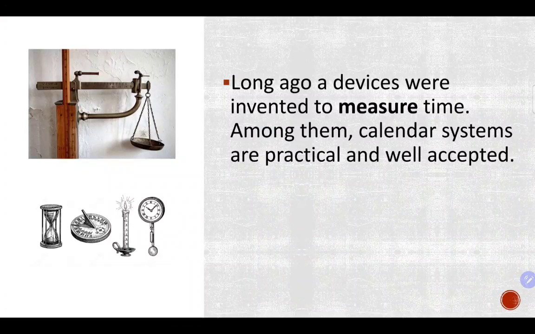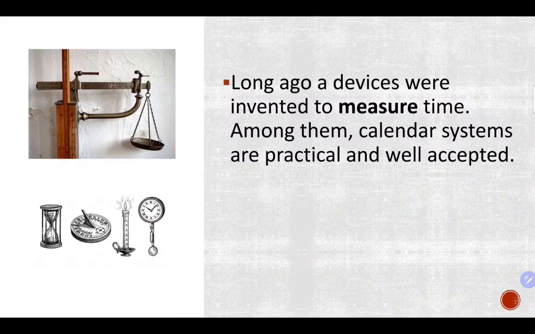But among these devices, calendar systems are practical and well accepted. When you say practical and well accepted, the idea is that the calendar is more effective and actual, rather than the hourglass or the candle clock.